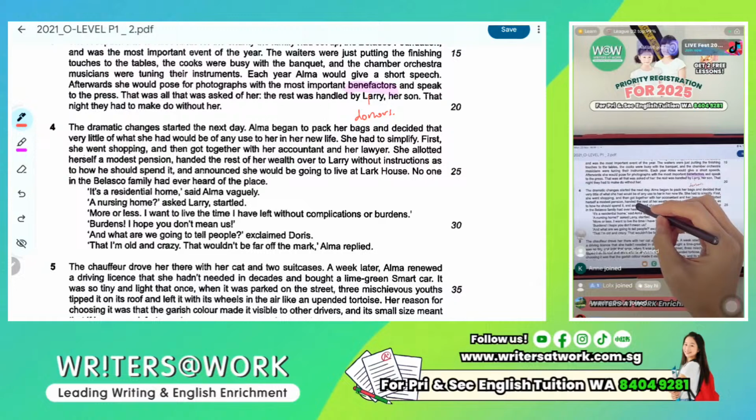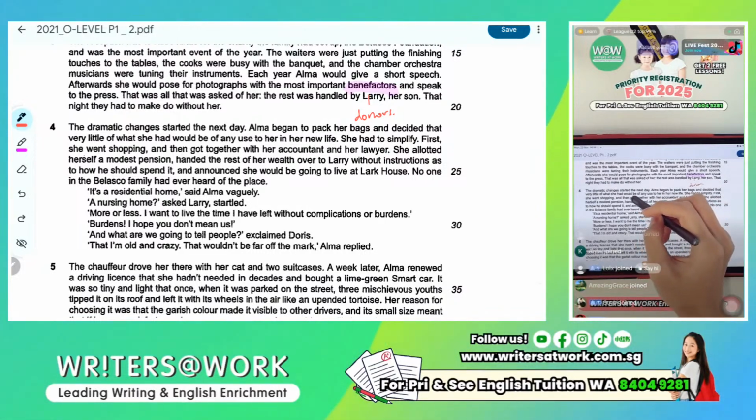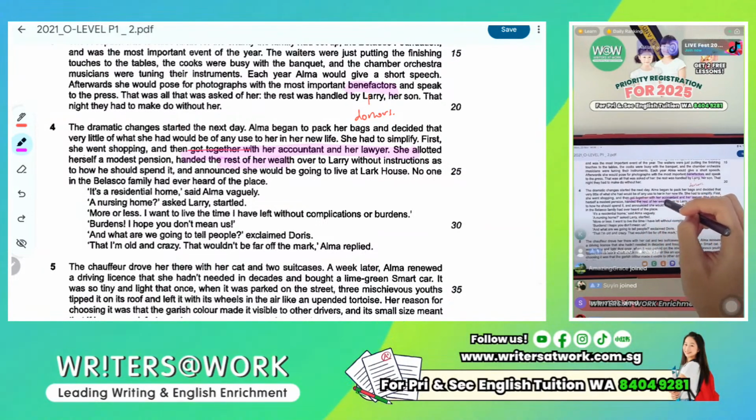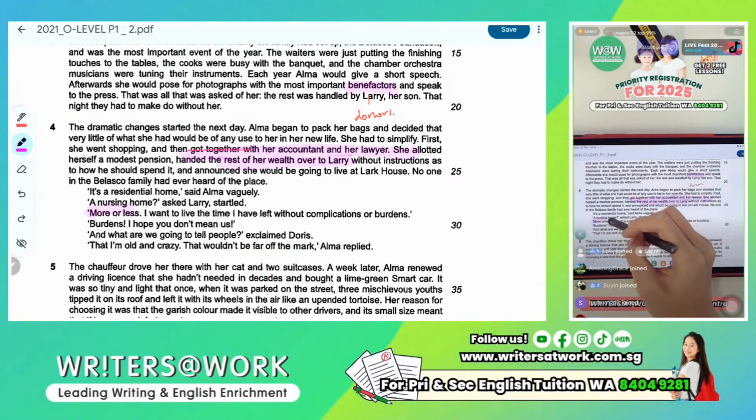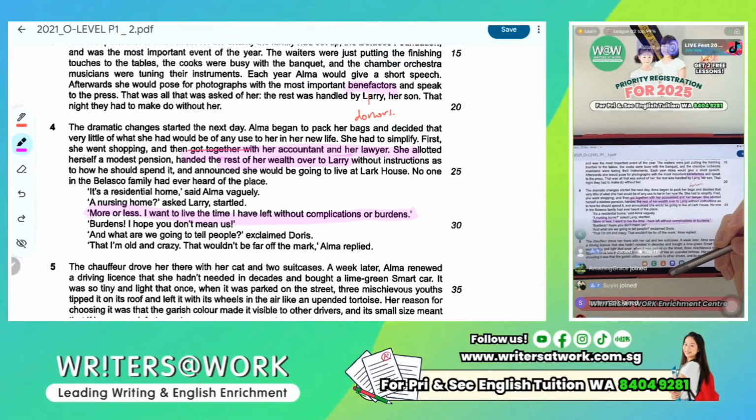The main idea is she got together with her accountant and her lawyer and gave the money to her son. The next thing is she just informed them that she wants to move to a nursing home that nobody had heard of. So you can see Larry was very shocked.